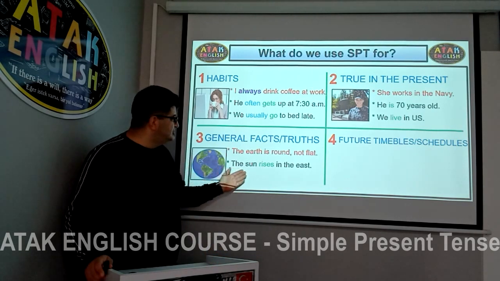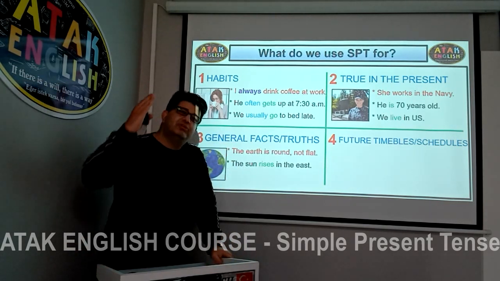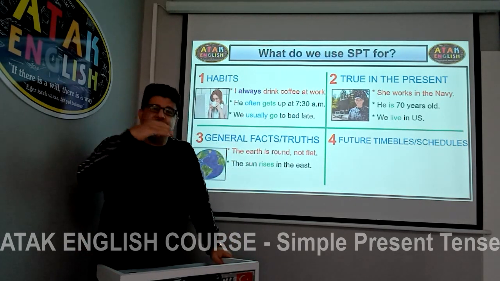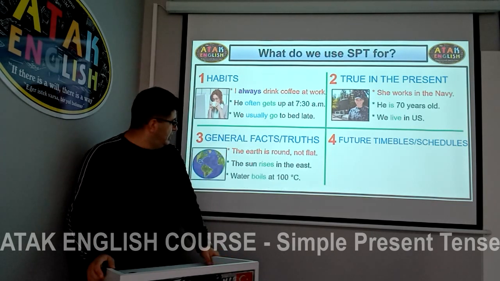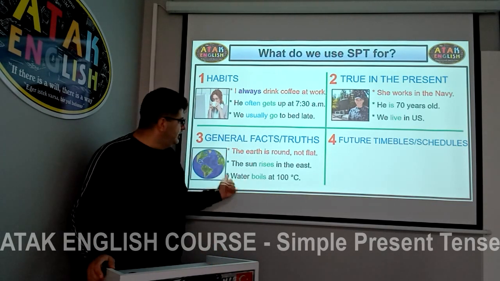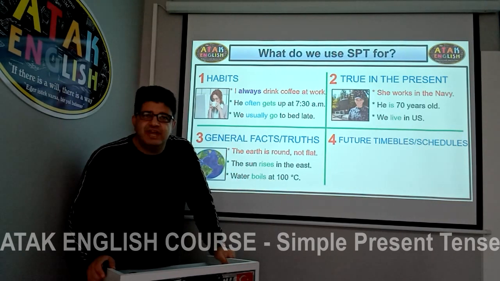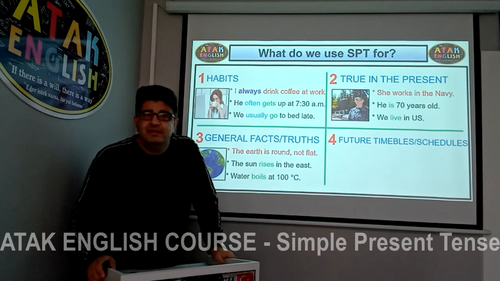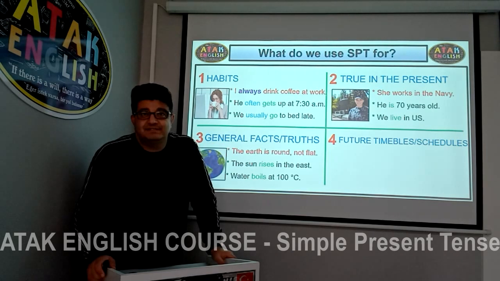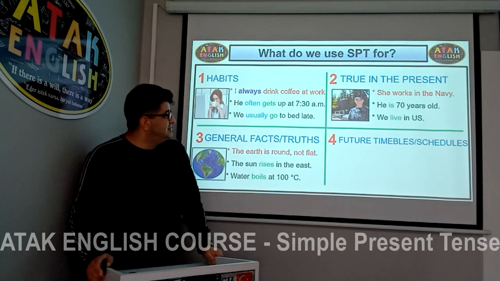Another example, the sun rises in the east and goes down from the west, for example. Our last example, water boils at 100 centigrade degrees or freezes at 0 centigrade degrees. They are natural facts, so we use simple present for natural facts.